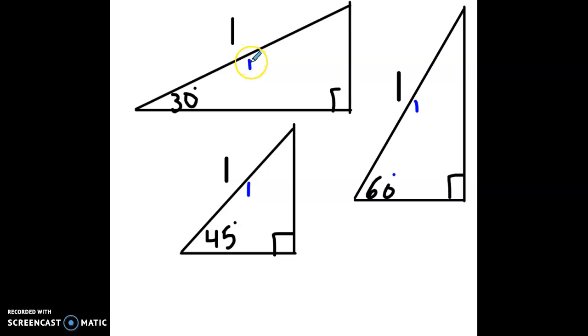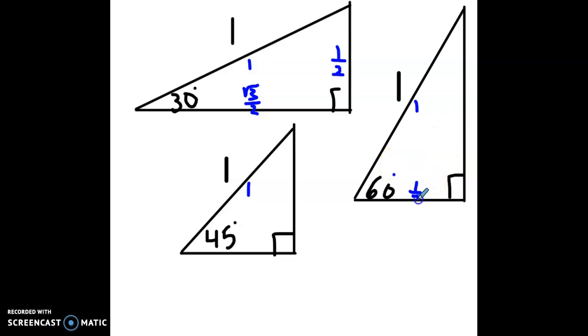So that means when the hypotenuse is 1, the short side is half of that in a 30, 60, 90 triangle. And the long side is the square root of 3 times the short side, which is 1/2. So it ends up being the square root of 3 over 2. And then these are the opposite.